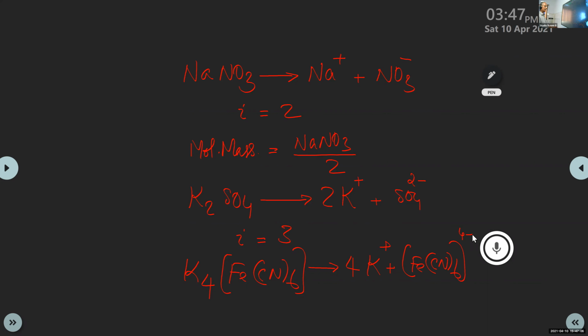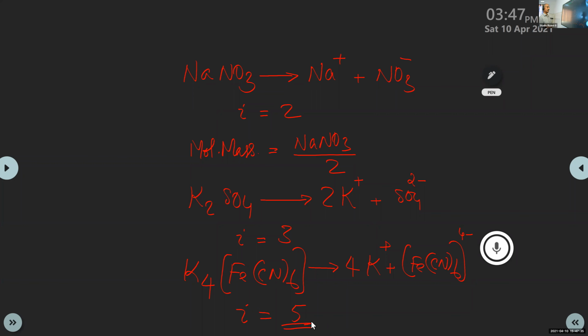Suppose it ionizes completely, then the total number of ions produced is 4 K+ ions and 1 [Fe(CN)6]4- ion. So what will be the Van't Hoff factor i? Come on, Achu. Sir, 5. Yes, it is equal to 5. Van't Hoff factor is equal to 5.